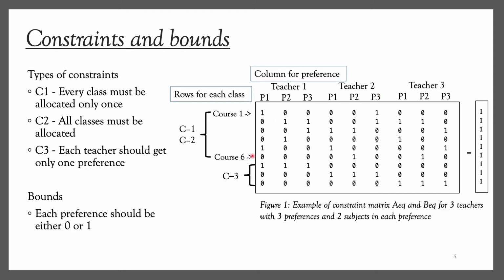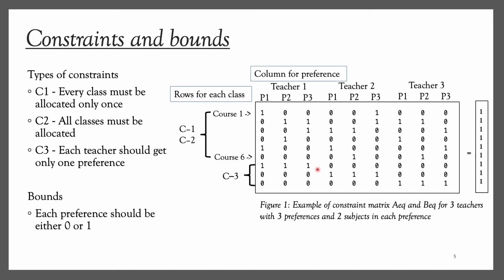Similarly, this is done for all the courses, and the last 3 rows are for the third constraint, that is, each teacher should get only one preference. Over here, in this row it says 1 1 1 and all zeros. That means any one of these 3 variables can be 1 because this whole row should be equal to 1. So either preference 1 equals 1, preference 2 equals 1, or preference 3 equals 1.